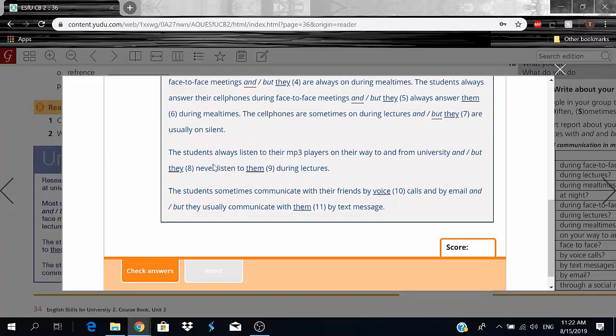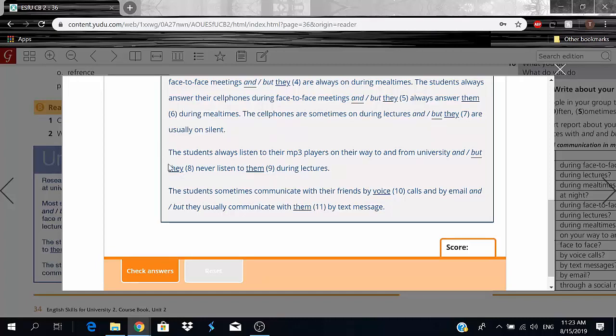The students always listen to their MP3 players on their way to and from university. But, let's actually check this. But they never listen to them during lectures. But, because I'm going to change my tone a little bit, okay? I'm going to give kind of similar to however, if you know what I mean, okay?